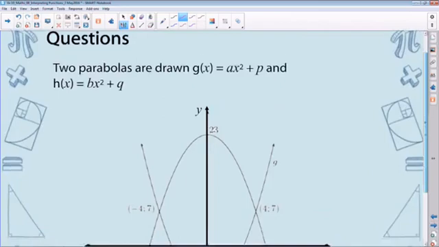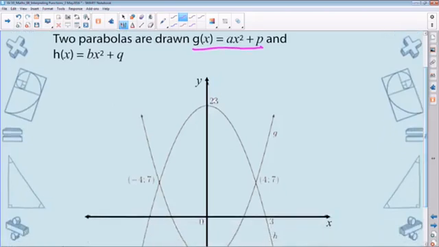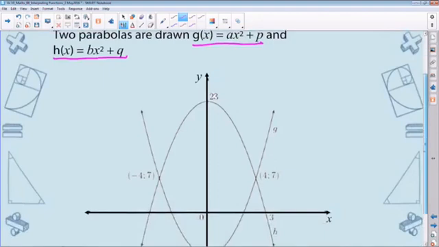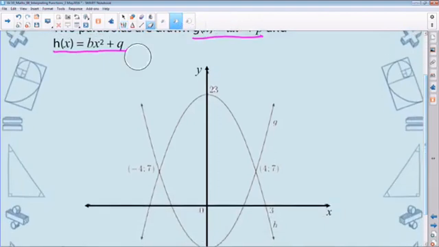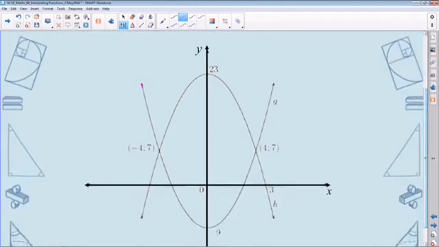Two parabolas are drawn. g of x is equal to ax squared plus p, and h of x is equal to bx squared plus q. So let's do this slightly more cleverly, and I'm going to make g of x pink. Just trace over it.